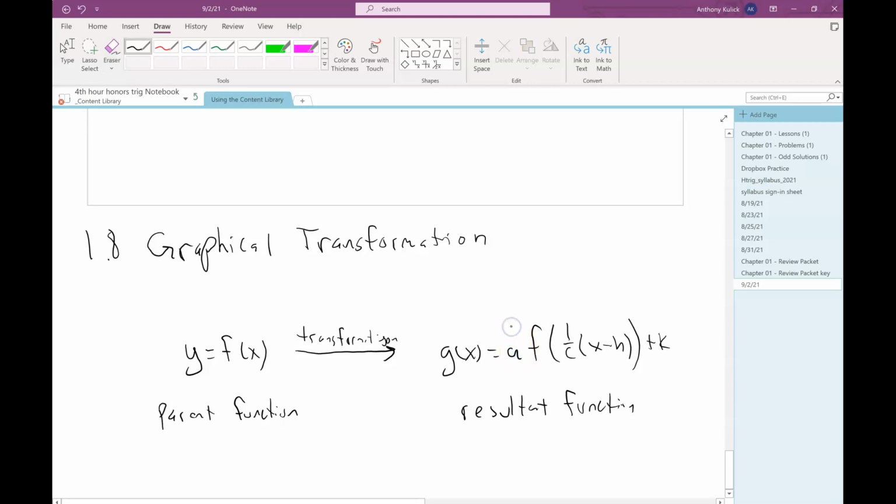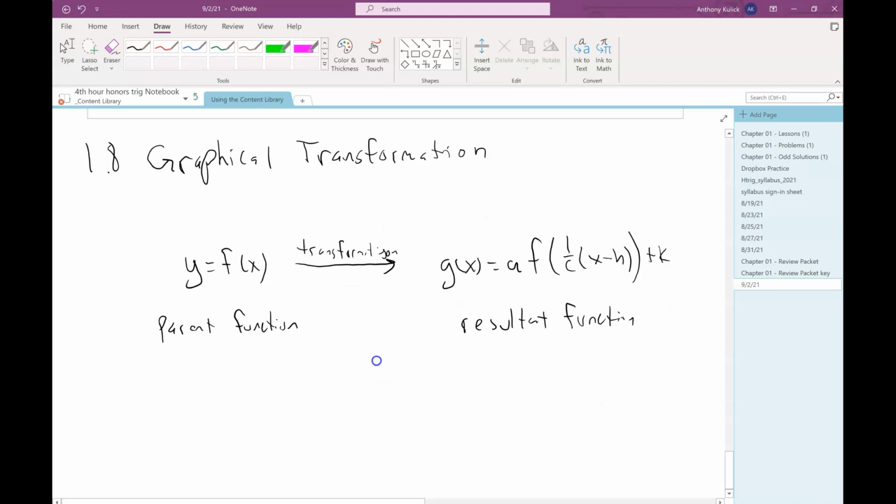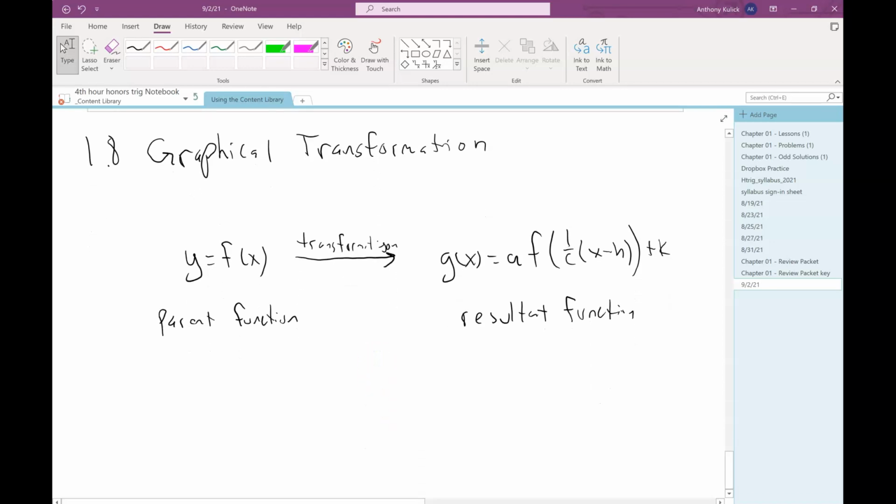So we'll do some operations to our f of x and end up with this new resultant function. This is the main idea of what we're going to be talking about today.